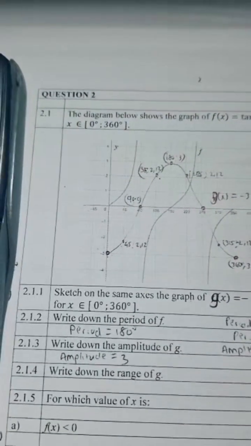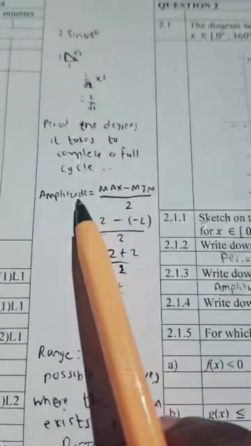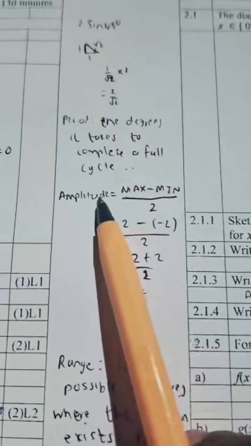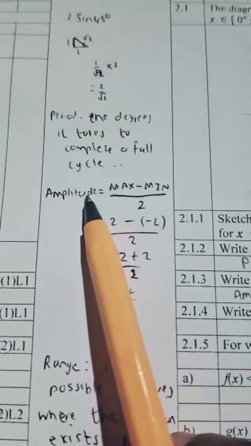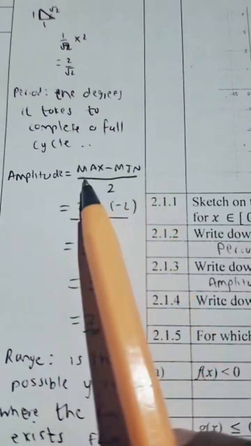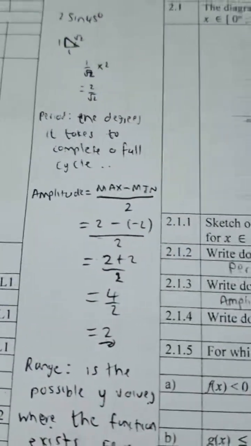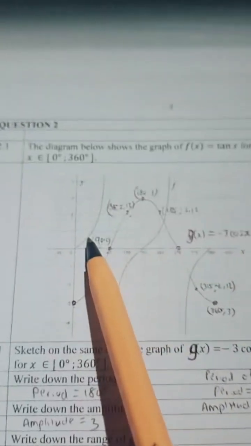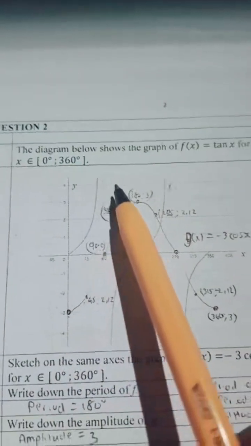You will remember very well that when we spoke about amplitude, and the formula that we use to calculate amplitude, we said we take the maximum and we subtract the minimum and we divide by 2. My question then is, what is the maximum value of this tan graph?